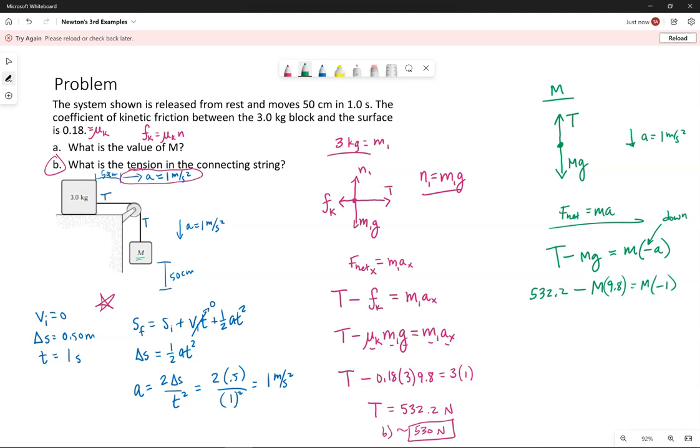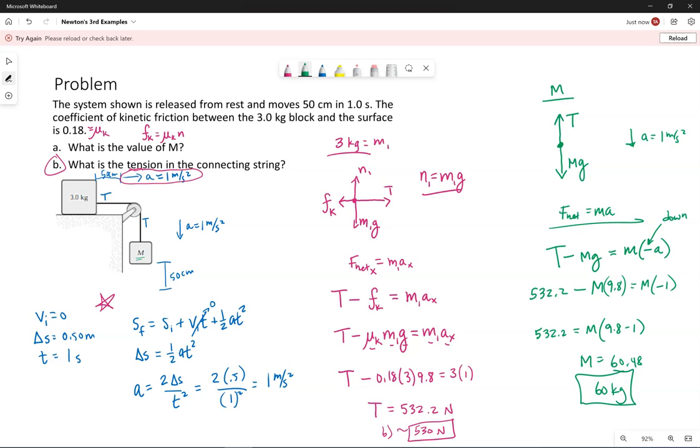I put in -1 for the acceleration. We now have m in 2 terms, so we will bring the m term to the other side, and we can solve for this mass. Let's see, 2 sig figs, so 60 kilograms would be this mass.